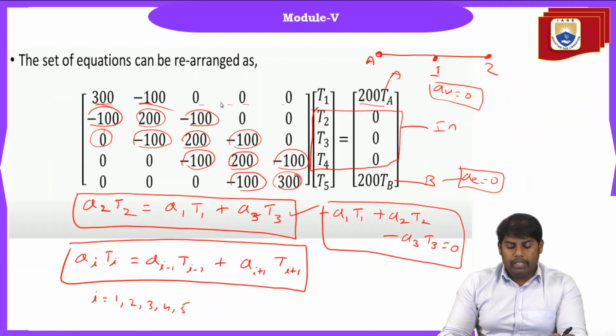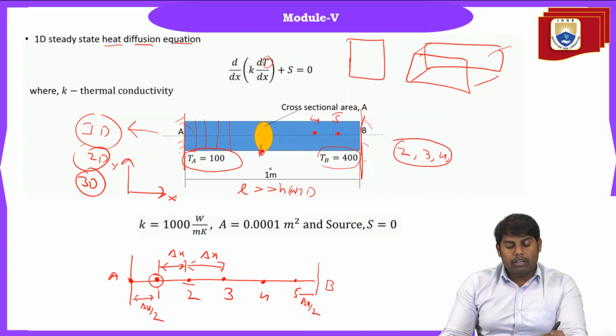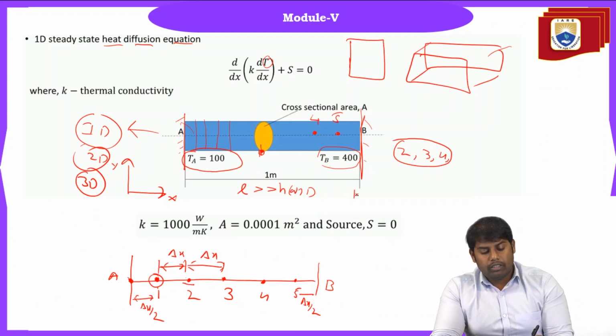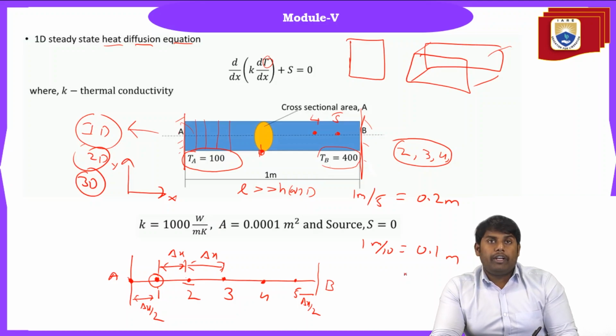So for the 1 meter rod, dividing into 5 elements gives 0.2 meter. With 10 elements, 0.1 meters. With 20 elements, 1 meter divided by 20 gives 0.05 meters.